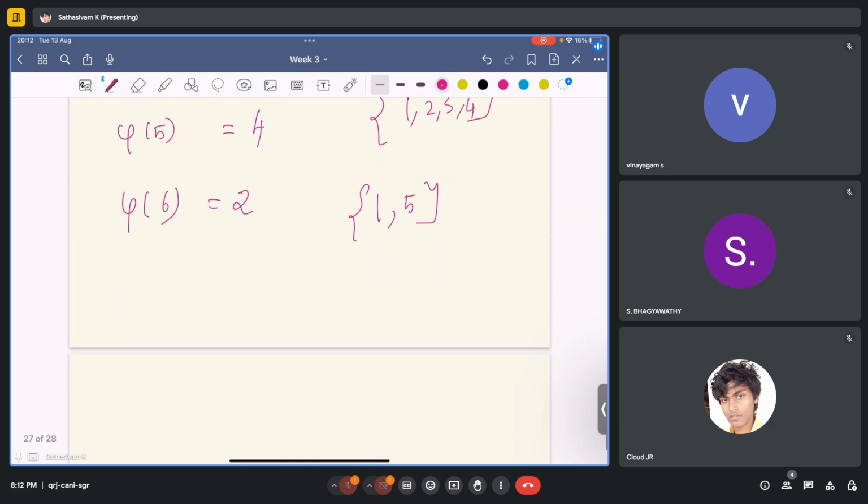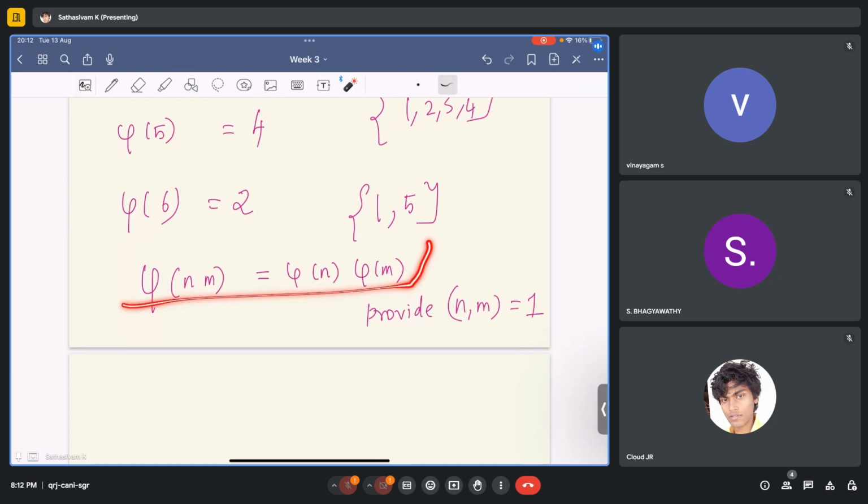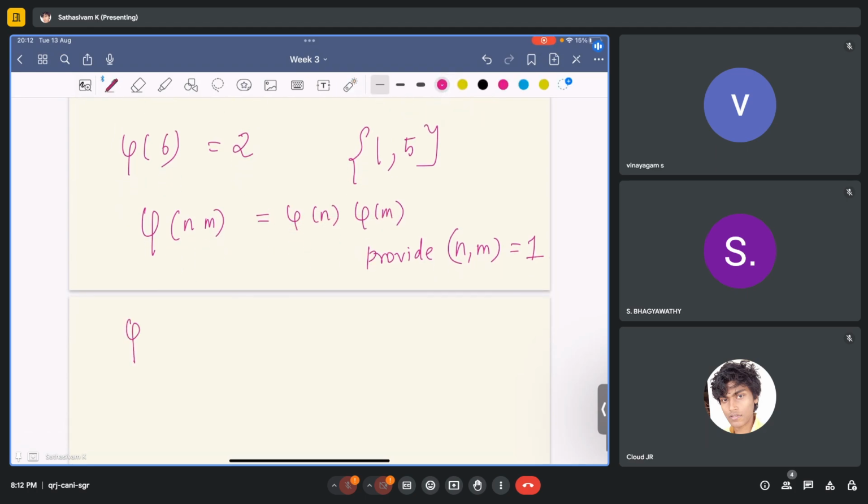One interesting property is that it splits: phi of nm equals phi of n times phi of m, provided n and m are coprime. If they are coprime, then it is multiplicative, kind of like a homomorphism. Otherwise, it's not multiplicative. And what we know is phi of p power n is p power n minus p power n minus 1.